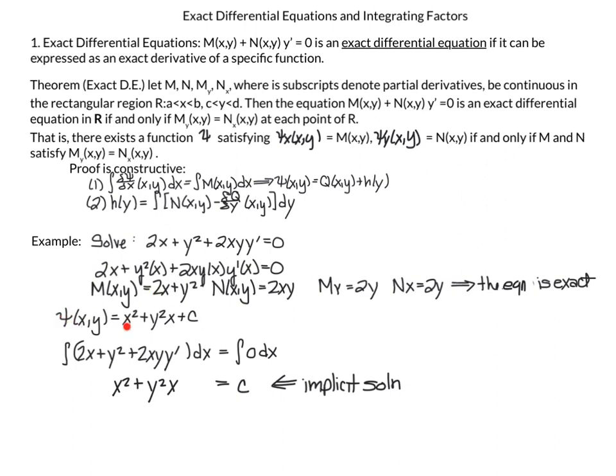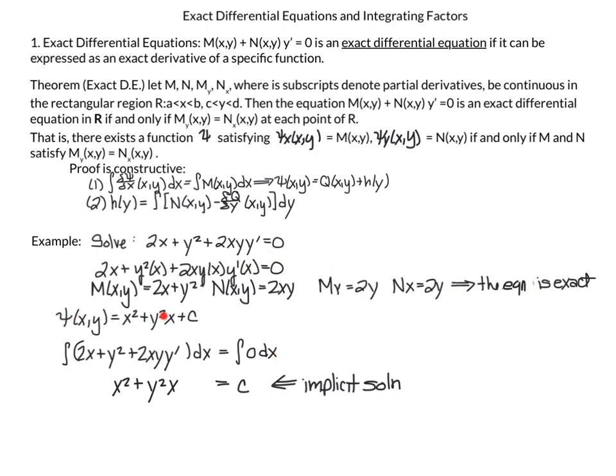Psi here is our implicit solution, but I'm going to just plug it back into the equation to make sure that we understand what it is that psi is. So when we integrated both sides of our differential equation, I'll just start with the original equation here, integrating both sides. So I integrate 2x plus y squared plus 2xy y prime with respect to x, and I'll integrate this side of the equation, 0 dx.